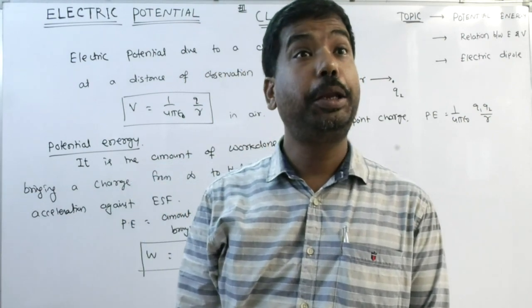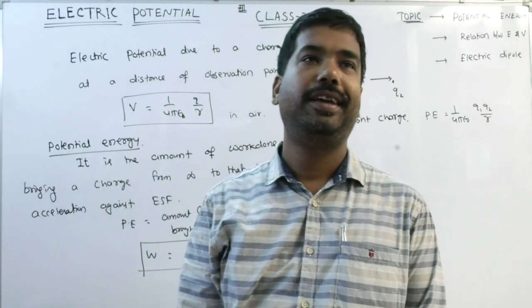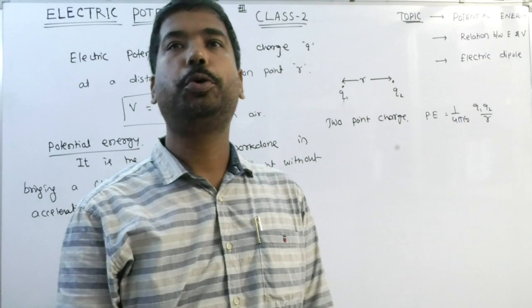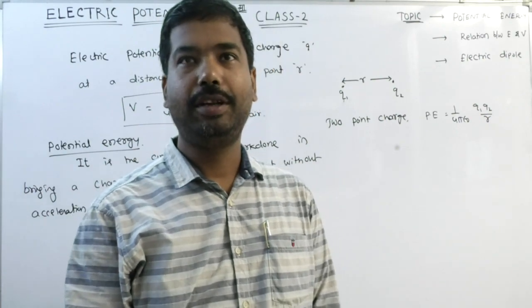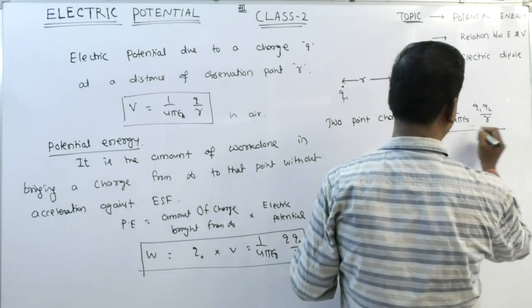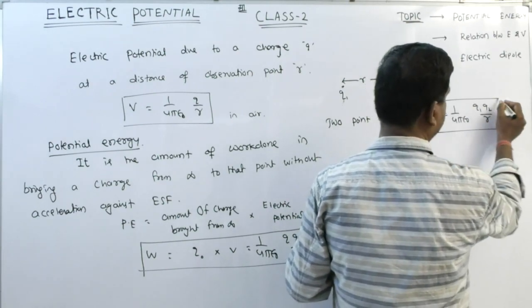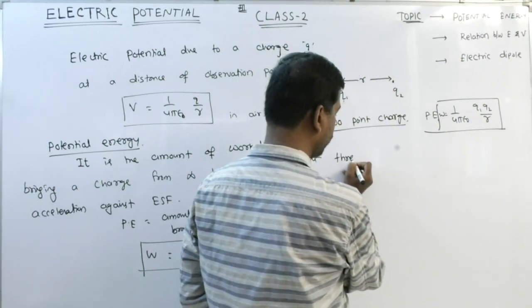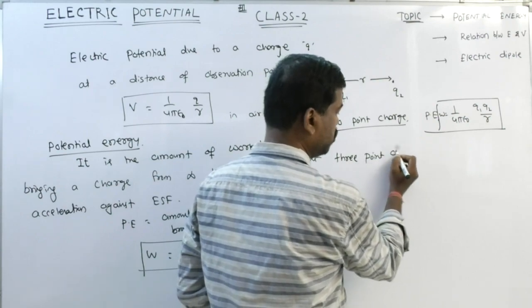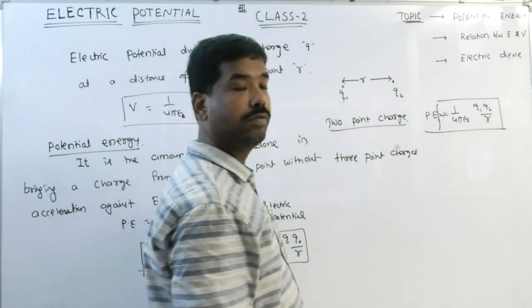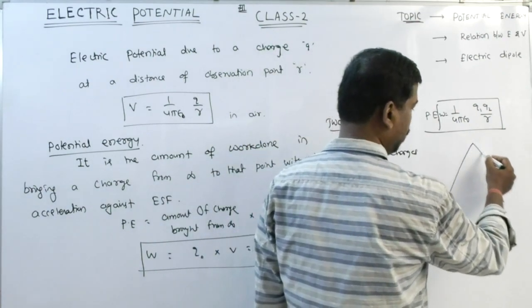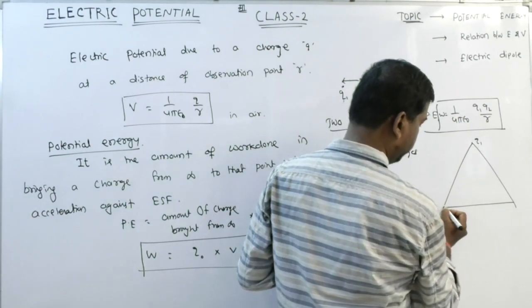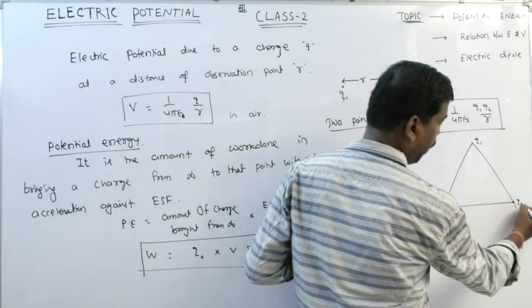Similarly, I can say electric potential energy is also a scalar quantity. So, for a 3 particle system, the total potential energy is added up. Let's see. For 2 point charges, let us imagine 3 point charges Q1, Q2, Q3.